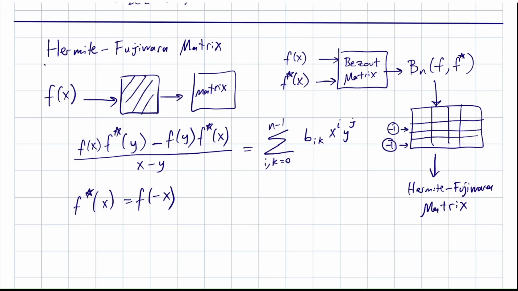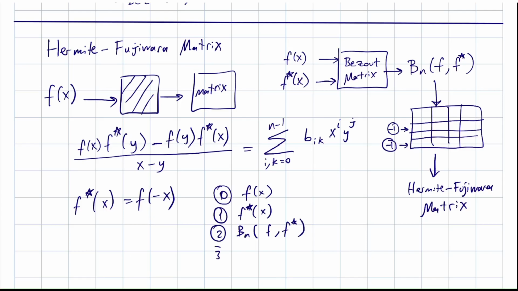So how do we generate the Hermite Fujiwara matrix? Step 0, you have f of x. First step, compute f star of x. Second, compute the Bezout matrix of f and f star.